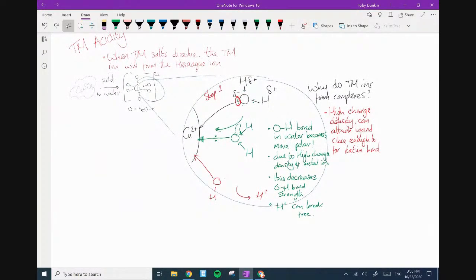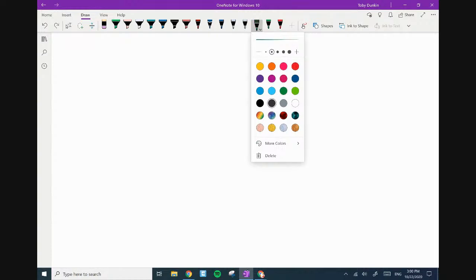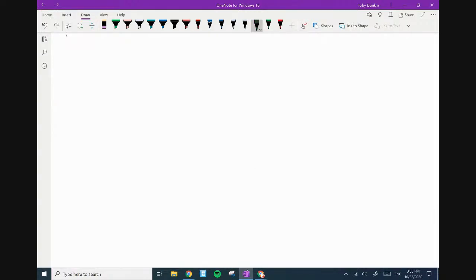Let's do a comparison: 2+ and 3+. Number one, the 2+ ions tend to be larger than the 3+ ions. Every time you increase the charge on an ion, its size decreases. Hence it's even more charge dense at 3+.